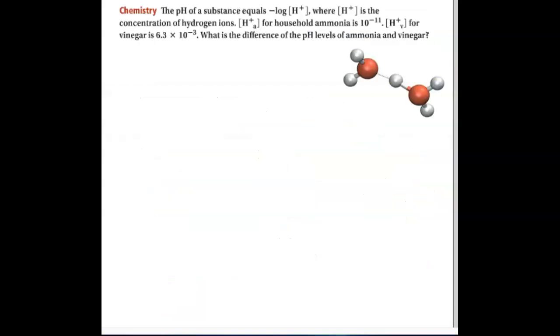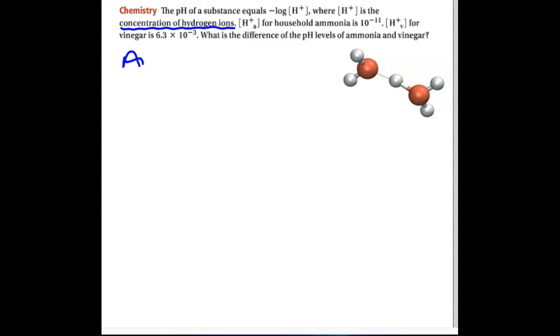All right, our last example, it says the pH of a substance equals the opposite of the log of the concentration of hydrogen ions. So H plus represents the concentration of our hydrogen. H plus with a little a at the bottom just stands for the household ammonia concentration.